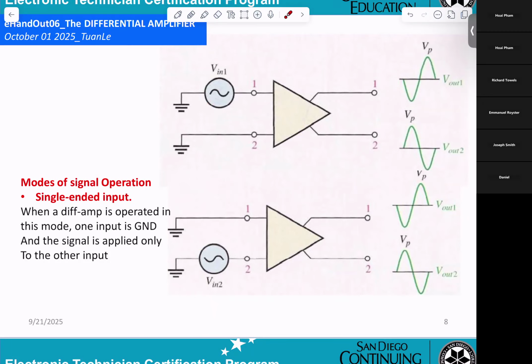And output 2 will be CB. They will be in phase. See that? Up, that goes up, down, they go down. And if they apply input to Q2, then you can see they get output here and output here. They will be opposite. Okay?